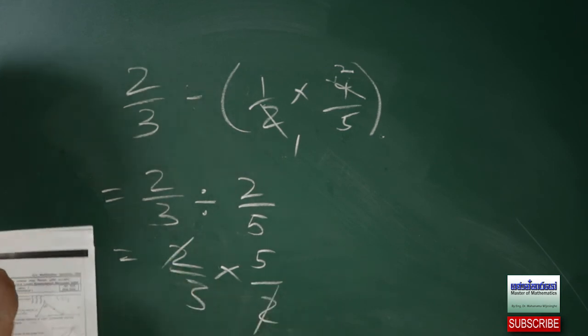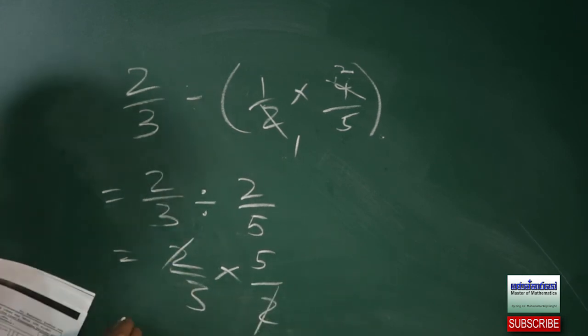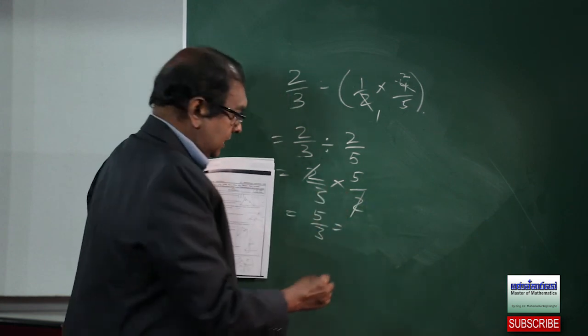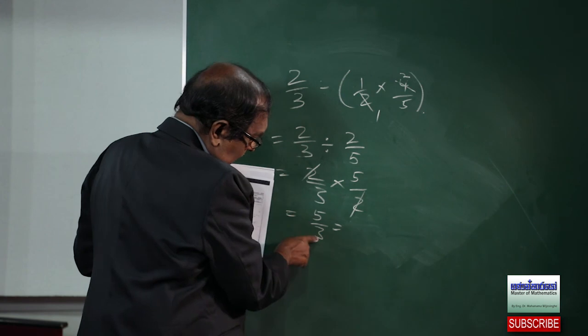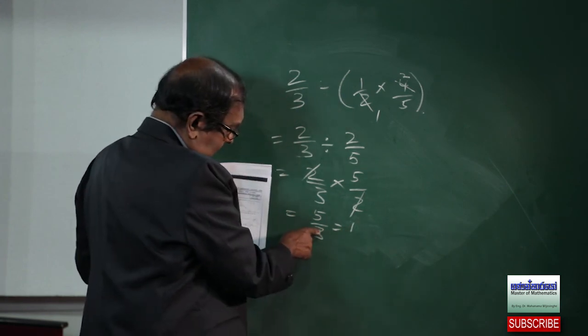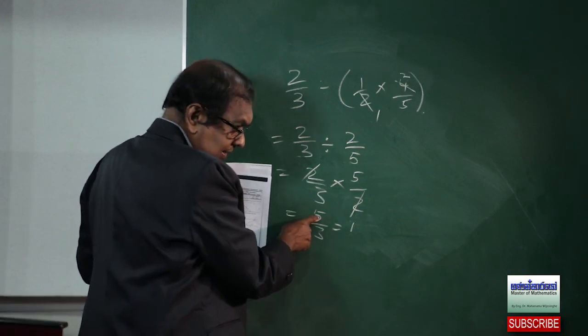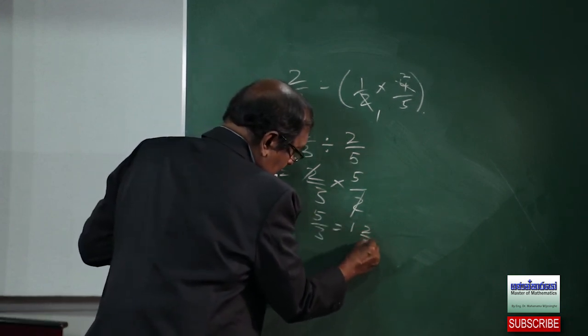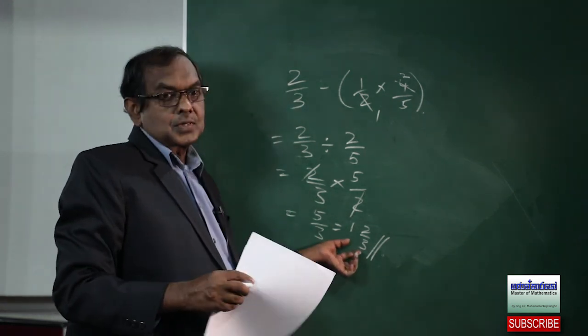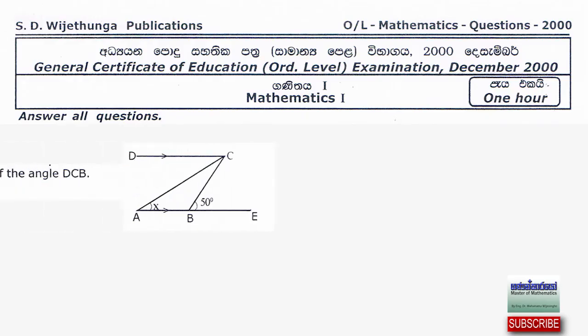Then we can cut 2 with 2. Then the answer is 5 by 3. We can give this as 1, 3 into 1 is 3, there is a balance 2. This is the answer.